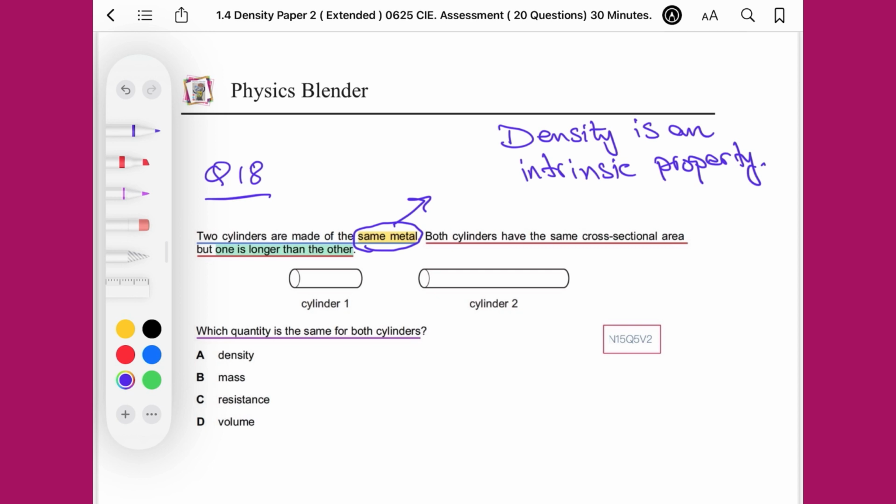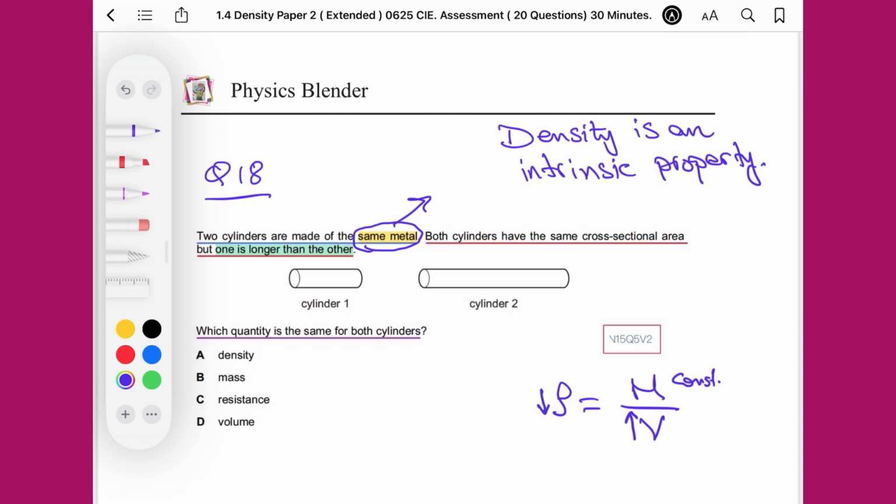Temperature will affect density, right? Why? Because temperature may change volume. Density is equal to mass divided by volume. Temperature will not affect mass, so mass will be constant in this case. So if the volume increases, if the object expands, increasing volume will decrease the density.